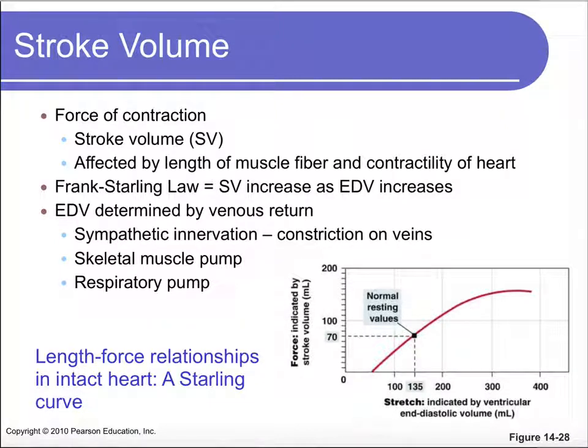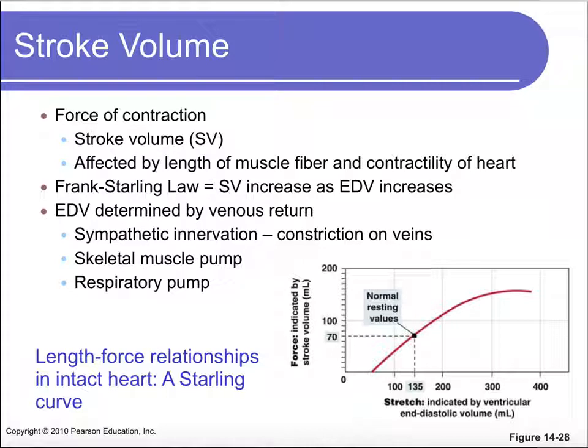So the reason your heart muscles function shorter than optimal is because when more blood returns to the heart, when we increase our end diastolic volume, remember, EDV is the amount of blood that's going to fill the heart or be in the heart when it's completely full and relaxed. When we increase that, that means our heart is getting stretched.